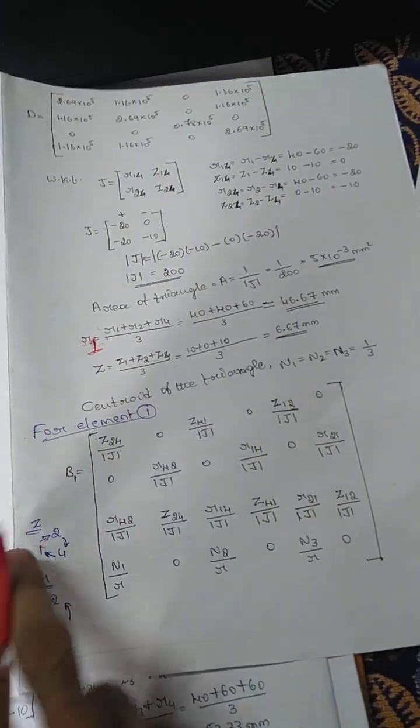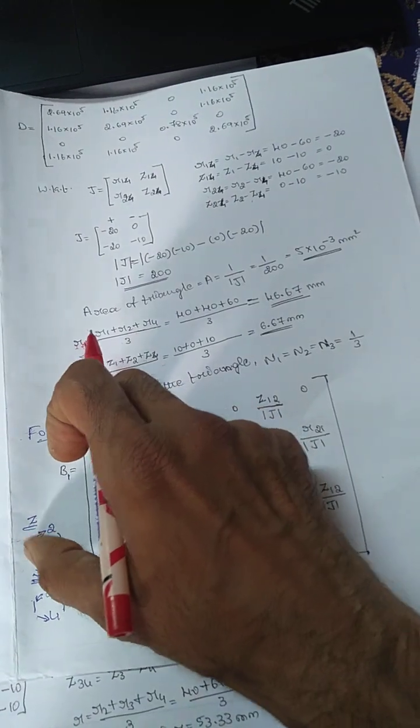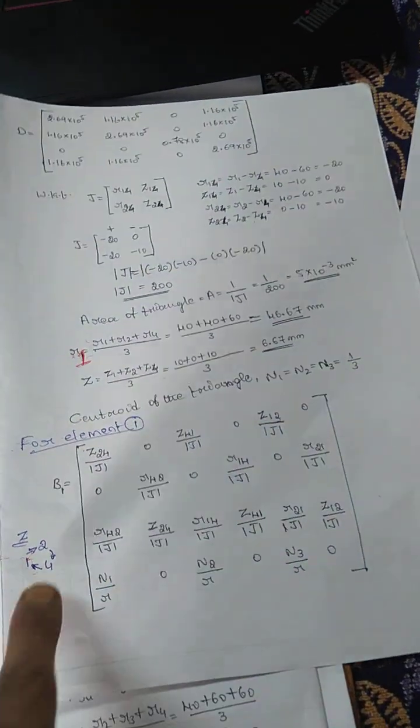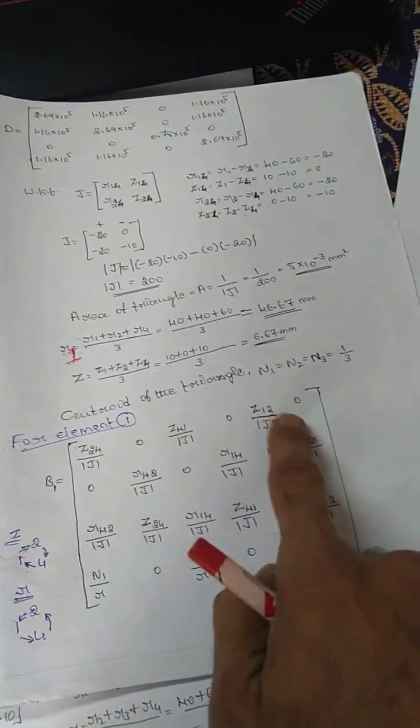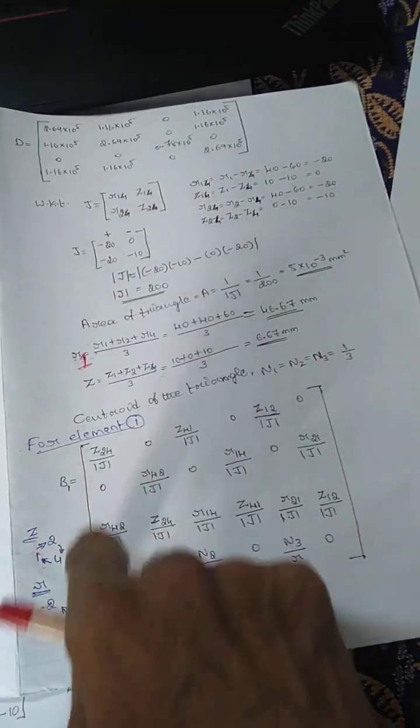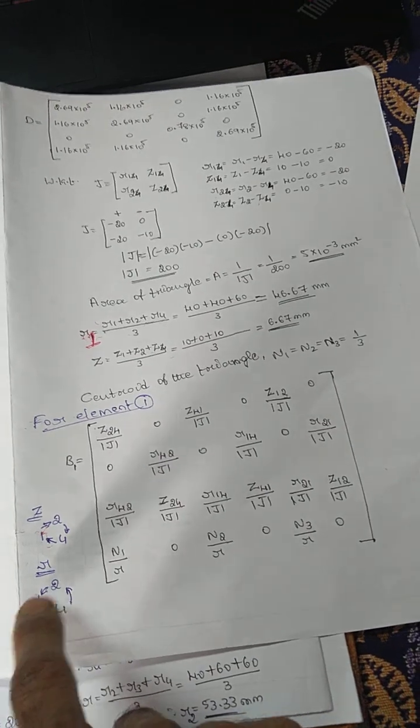Next hold 2 as it is, next 4 and 1, next hold 4 as it is, next comes 1 into 2. This is clockwise direction for Z, and R is counterclockwise direction.